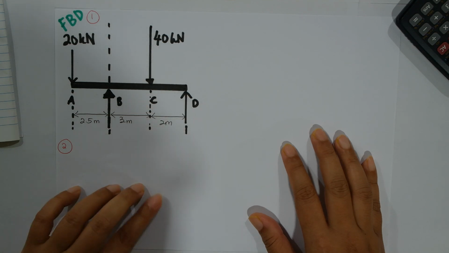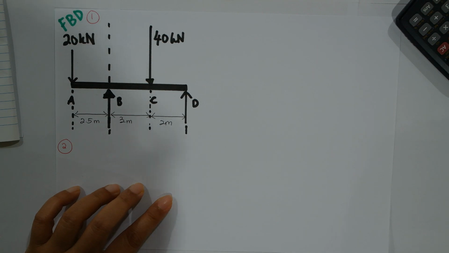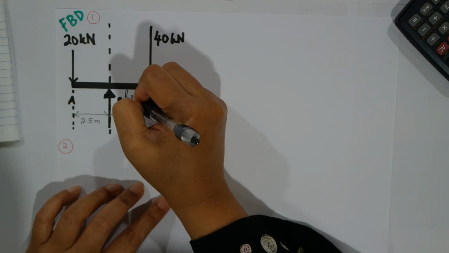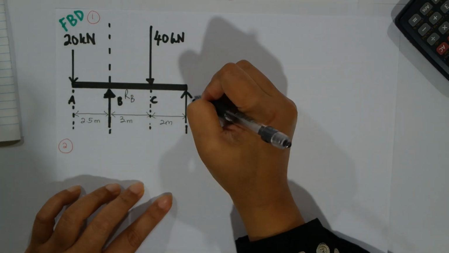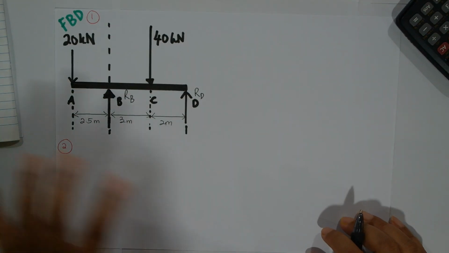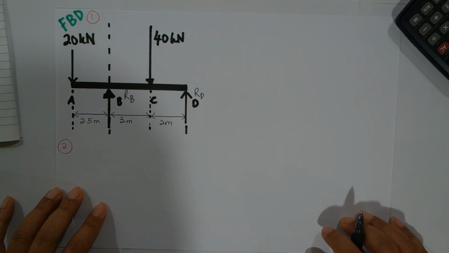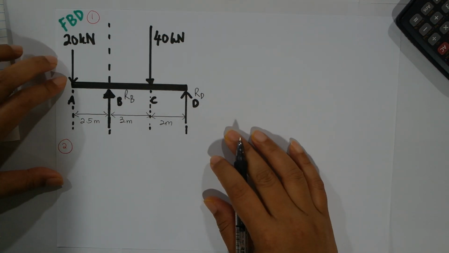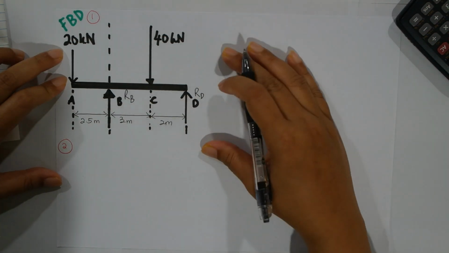I would like to name these reaction forces RB and RD. Now we have completed the first part of our shear and bending moment diagram, where we have drawn our free body diagram like this.